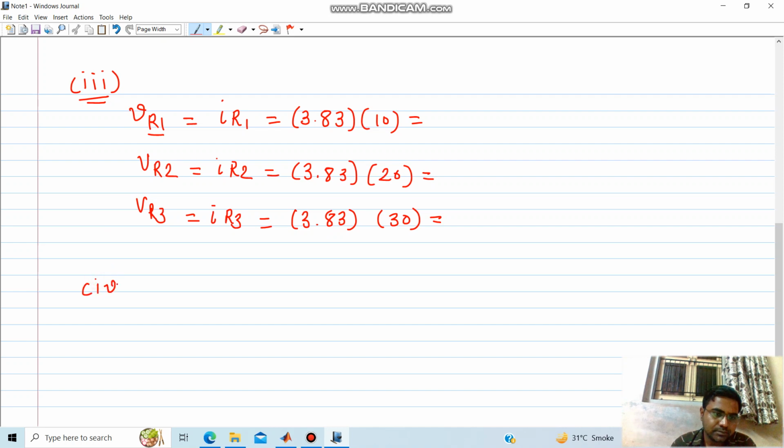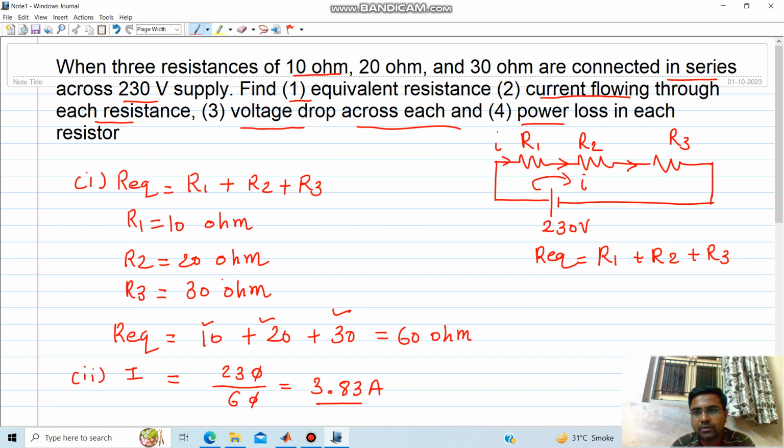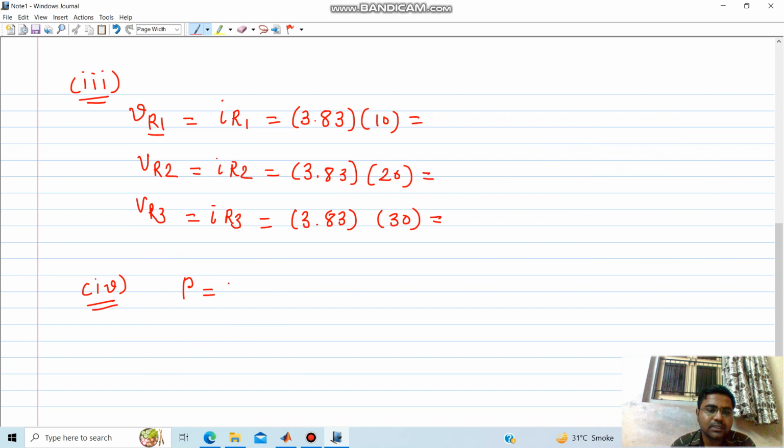Okay, now 4. In the fourth, power loss. Now we know what power is: power is voltage into current. In case of a resistive element, power loss can be given as I square R. So we have to figure out the power across 10 ohm, 20 ohm and 30 ohm. That would be I square into R1, I square into R2, I square into R3.